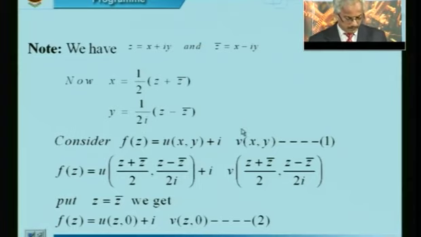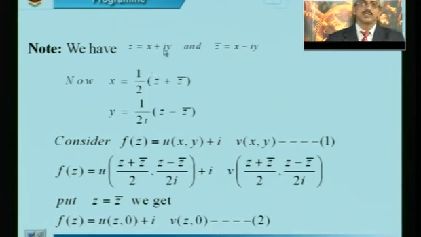Now we pass on to one more property. Suppose we know that a complex variable z is equal to x plus iy, then its complex conjugate z bar is equal to x minus iy. So now simplify this one, I can get that x is equal to 1 by 2 into z plus z bar, and simplify for y, I can get that 1 by 2i into z minus z bar.